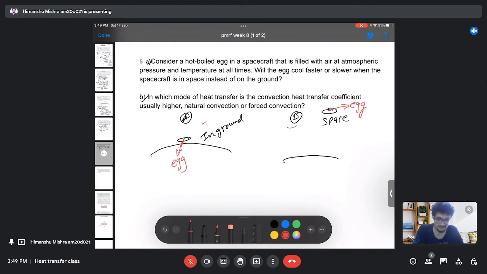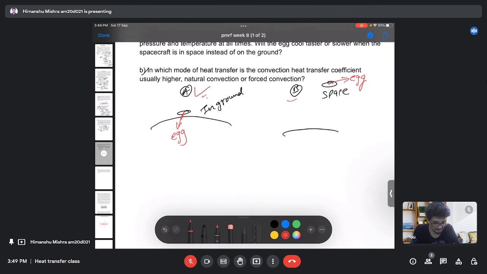So here the correct answer is case A. In case A, the egg will cool much faster, assuming the cooling actually happens due to free convection.